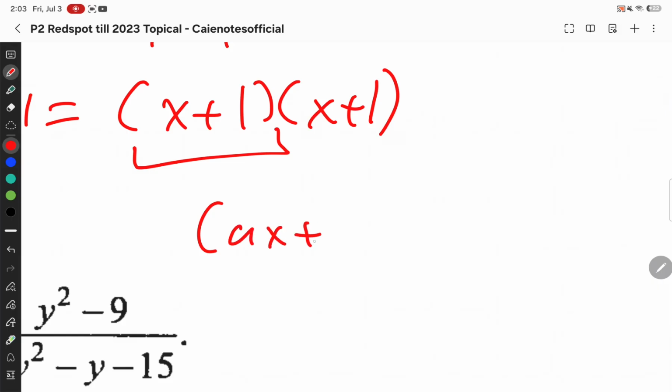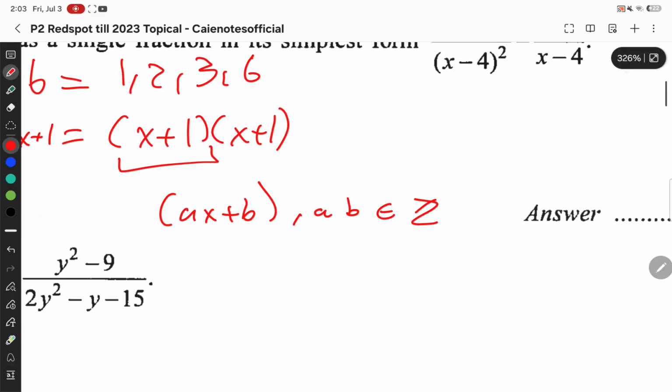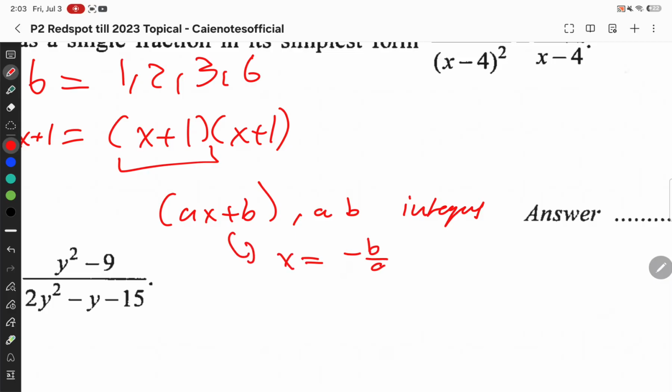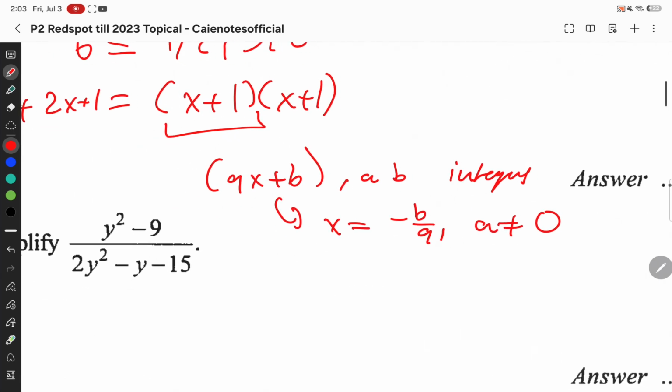It is of the general form ax plus b, where you would expect a and b to be integers, and its solution is x equals negative b over a, given that a is not equal to 0, otherwise it won't even be a linear factor, just a constant. So this is a linear factor.